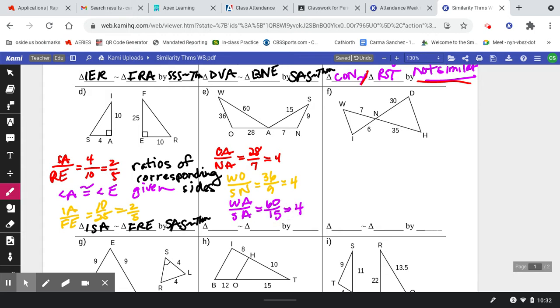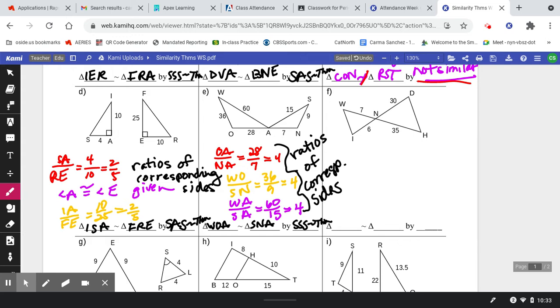Because I have 3 ratios of corresponding sides, I can say that triangle WOA is similar to triangle SNA by side-side-side similarity theorem. What's my reason? Ratios of corresponding sides. And that works for all three of those.